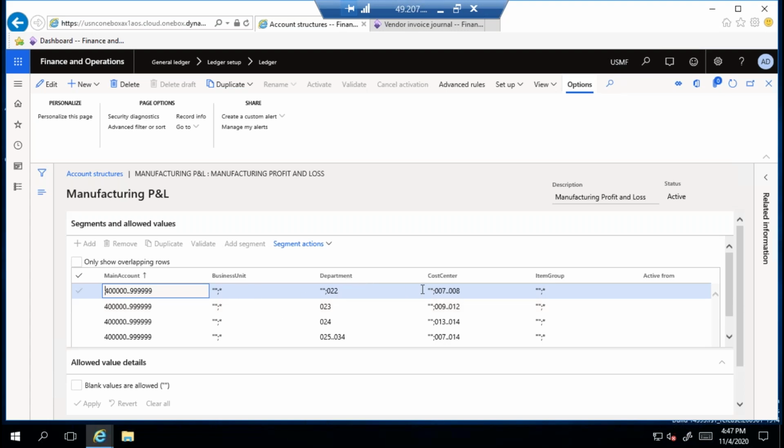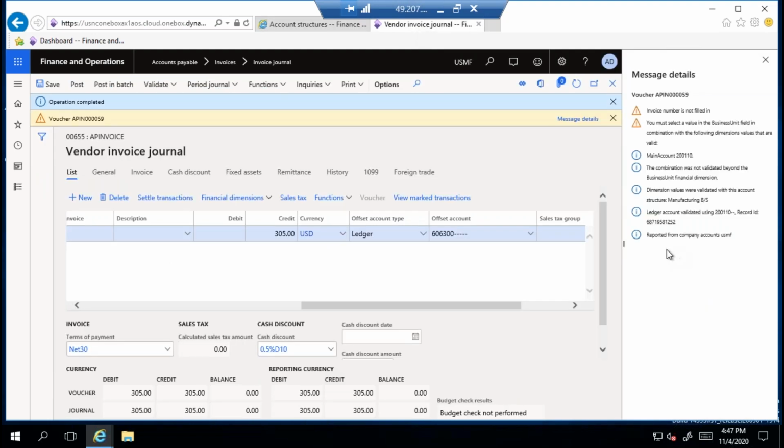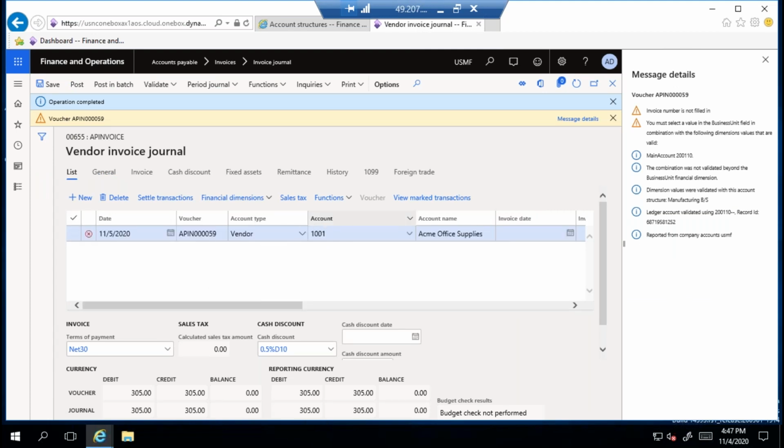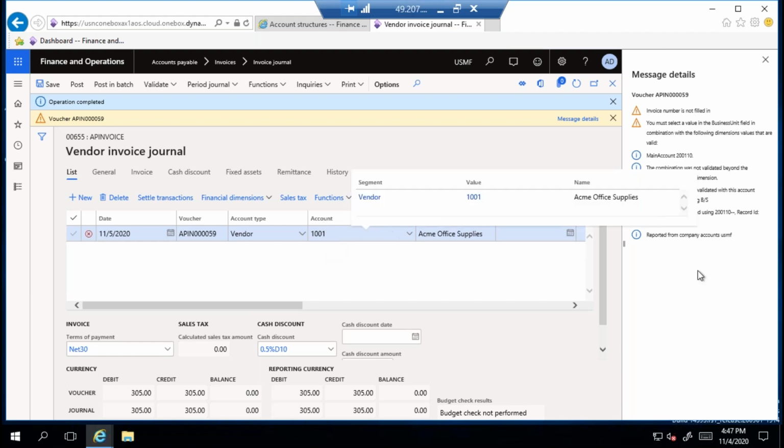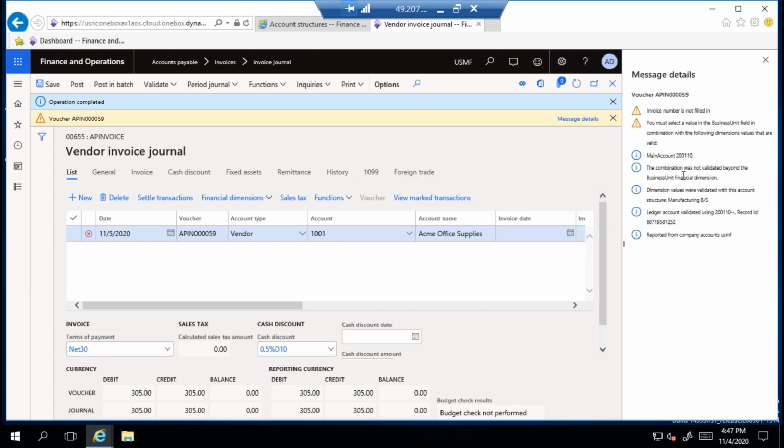Business unit, department, cost center, item group are not mandatory. If it is not mandatory, it will not throw error messages related to that account. But it is throwing an error message only for this main account. Okay, so I understood: business unit is mandatory, the combination is not valid.